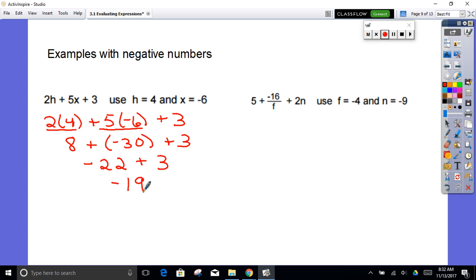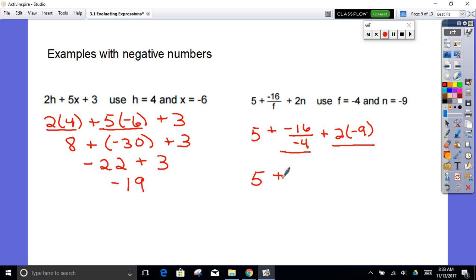Okay, next problem. F is negative 4, N is negative 9. So we have 5 plus negative 16 over negative 4 plus 2 times negative 9. So I'm going to do all of my multiplication and division from left to right. So I'm going to do this and then this.